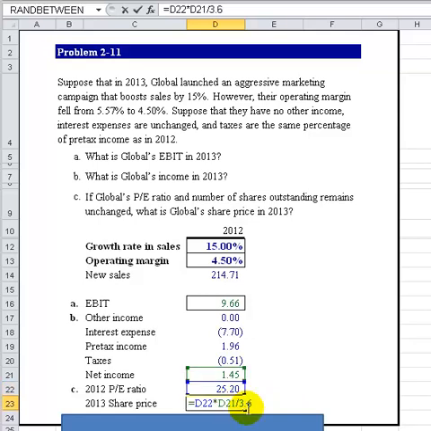How we would do that is we would take the net income and then multiply it by the price to earnings. Multiplying the net income times the price earnings gives you the share price in total. We then have to divide it by 3.6.